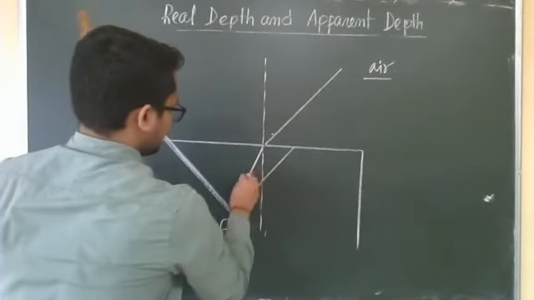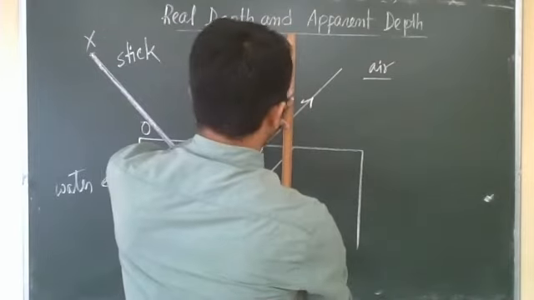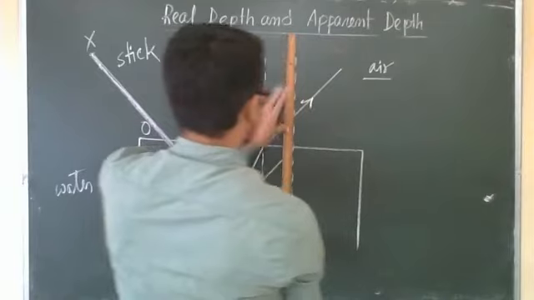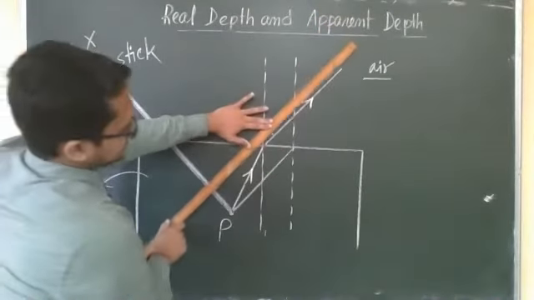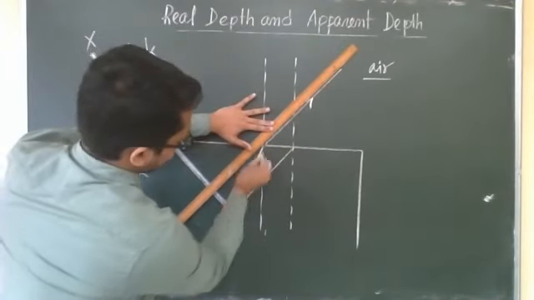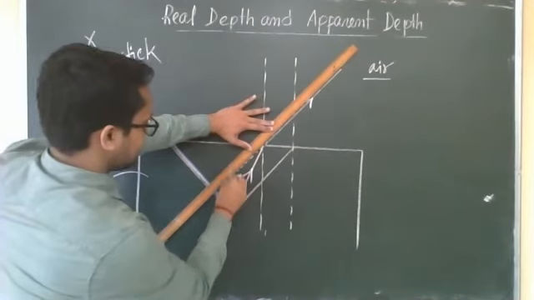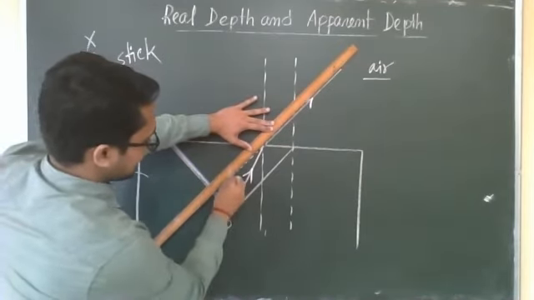Always give the ray diagram. The drawing is the drawing, then you give the ray diagram, but don't forget to give the ray diagram. So this ray will come at this point, just above this. Don't bring it up to this, just above this, because this point will go up to here.